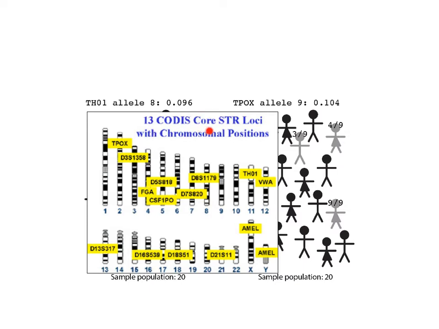These 13 core STRs or microsatellites are typically genotyped when forensic scientists are analyzing DNA samples and want to know the genetic composition of the person that left the sample.